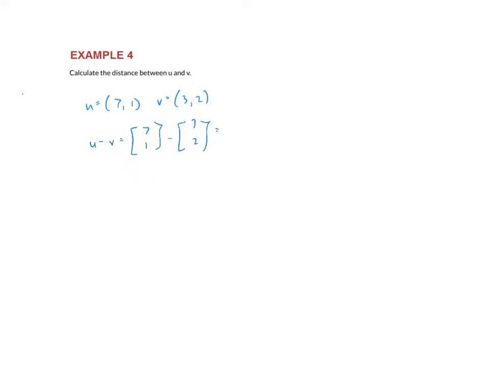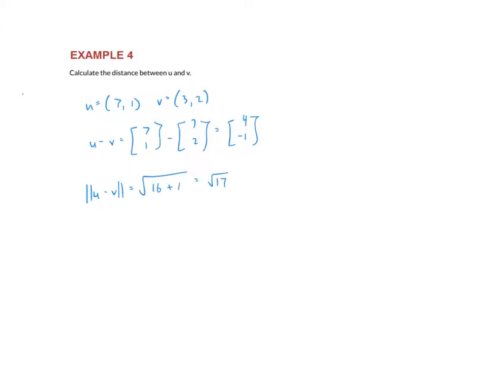It kind of lines things up a little bit nicer. And that is 4, -1. So that's their difference, that vector. And then the length of that new vector, the length of the difference, or the distance, is the square root of 4 squared is 16, -1 squared is 1.